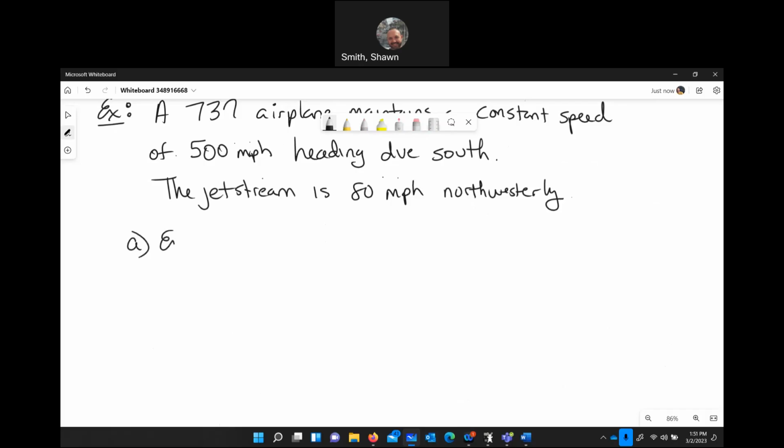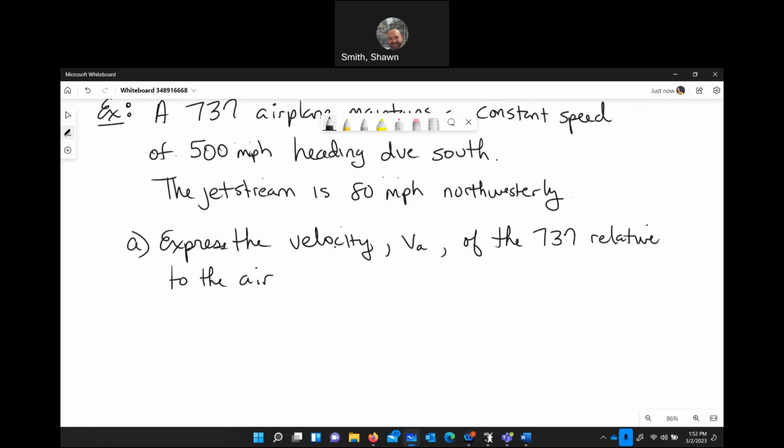Express the velocity, let's call it V sub A, of the 737 relative to the air, and velocity V sub W of the jet stream wind, in terms of i and j.